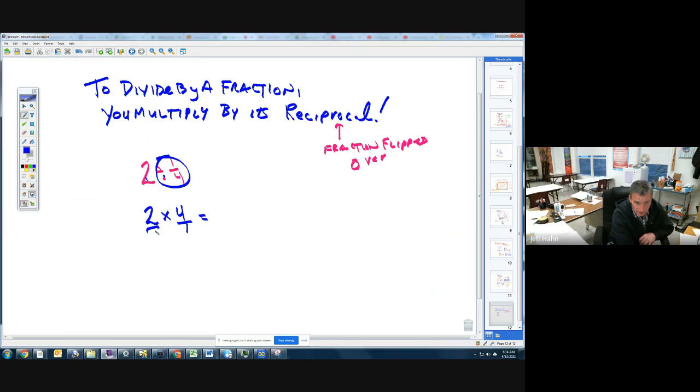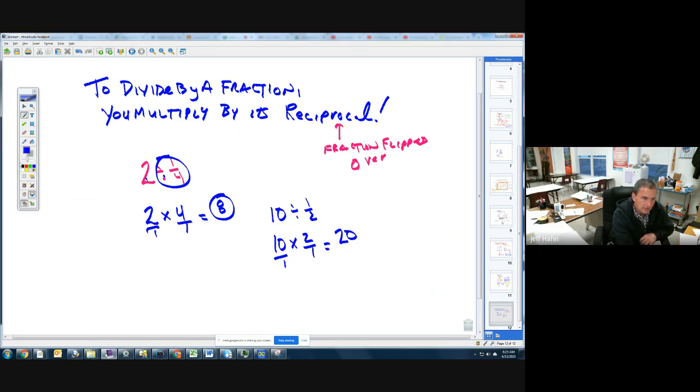And 2, we can make them both fractions. 2 times 4/1 is 8/1, or just 8, which is what we got. Or that problem when I said 10 divided by 1/2, well, that's the same thing as 10 times 2/1. And if you do that, there's where the 20 comes from.